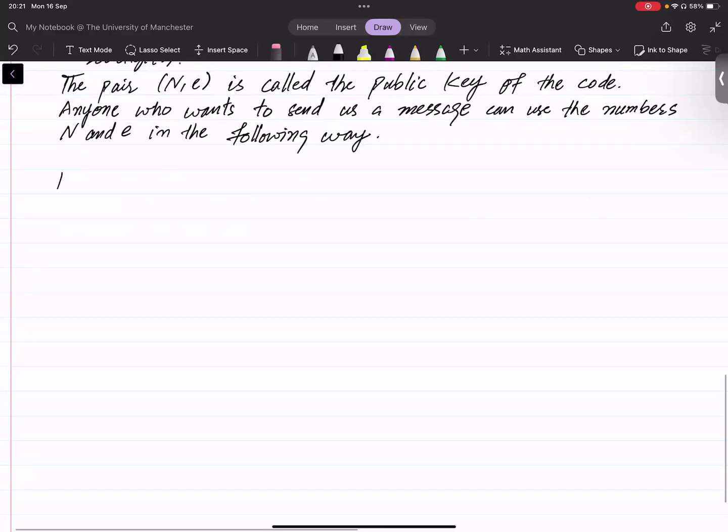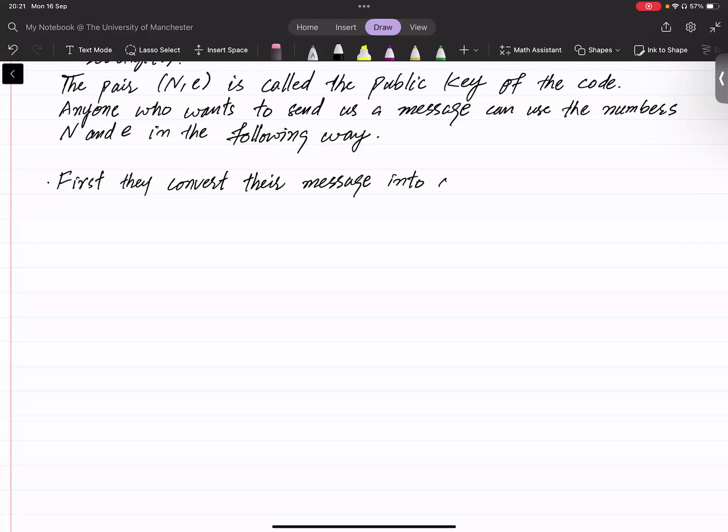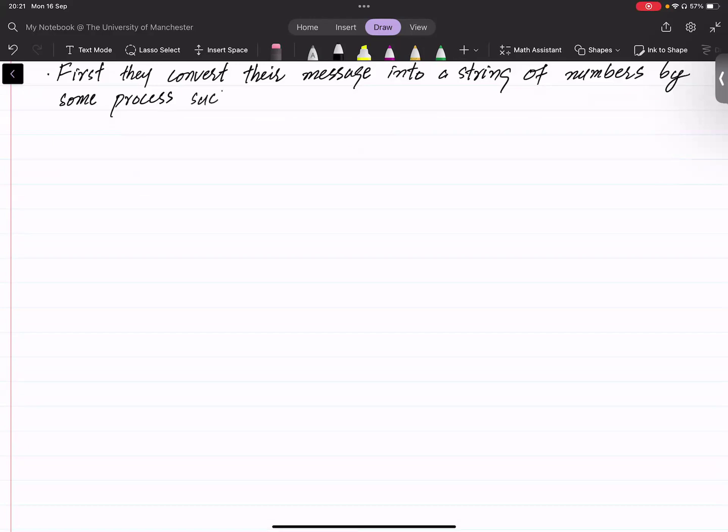First, they convert their message into a string of numbers by some process, such as the one given above.